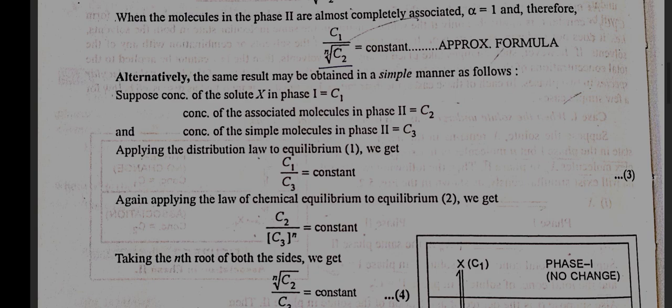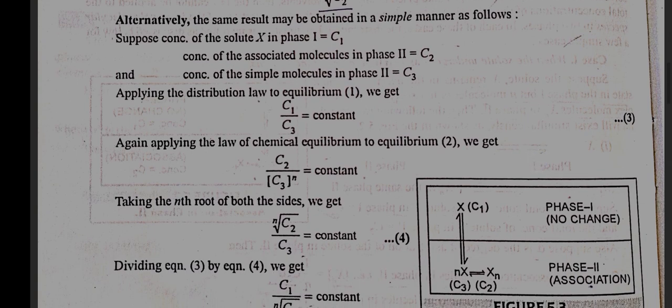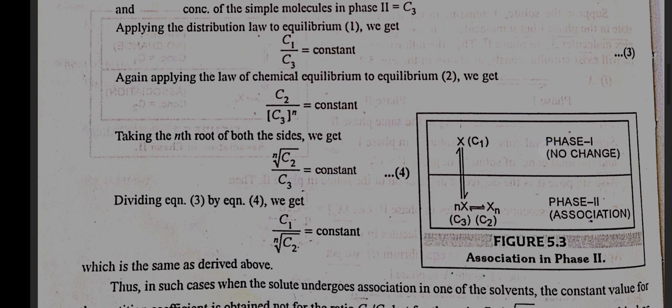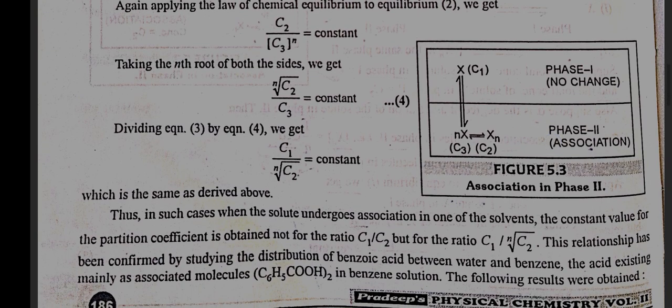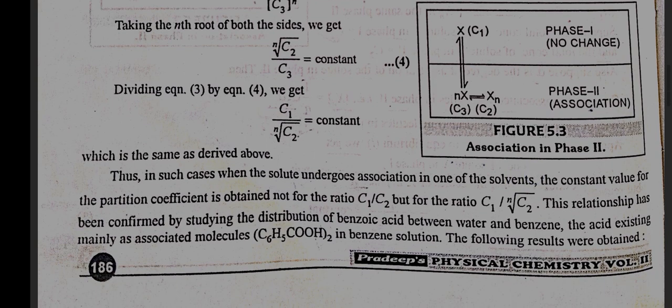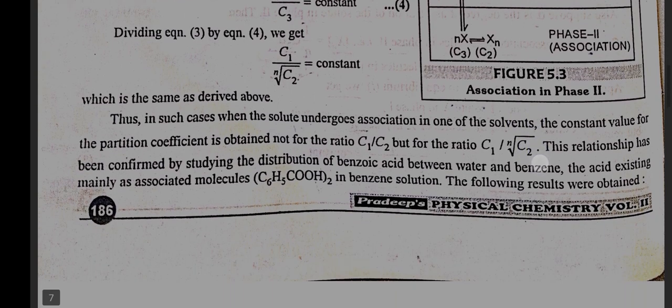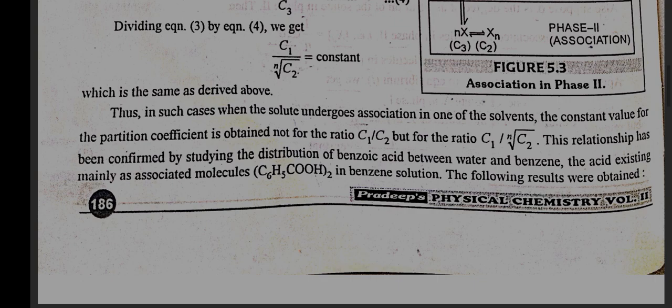Applying the distribution law in equilibrium 1, we get C1 by C3 equal to constant. Again, applying the law of chemical equilibrium to equilibrium 2, we get C2 by C3 raised to power n is equal to constant. Taking the nth root of both sides, we get nth root of C2 divided by C3 is equal to constant. Now we get C1 by nth root of C2 is equal to constant, which is the same as derived above.